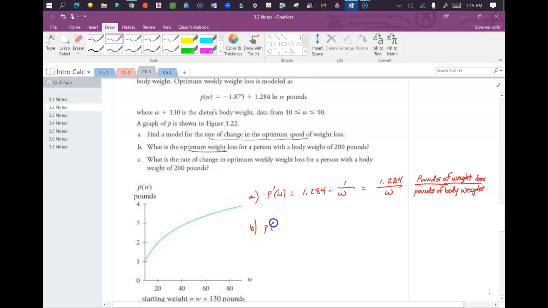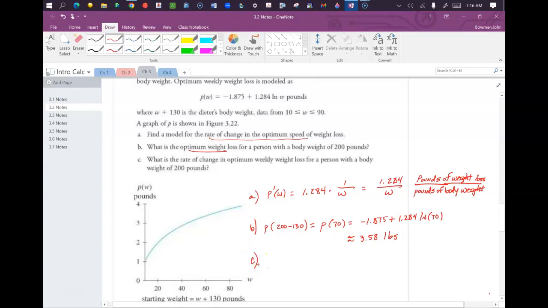So they're asking for P of a person who weighs 200 pounds, but W, the input for that, is going to be equal to 200 minus 130, because they say they subtract 130 to create the scale they have for W. So that is P of 70, and P of 70 is going to be negative 1.875 plus 1.284 natural log of 70, and you can verify that. That turns out to be approximately 3.58 pounds.